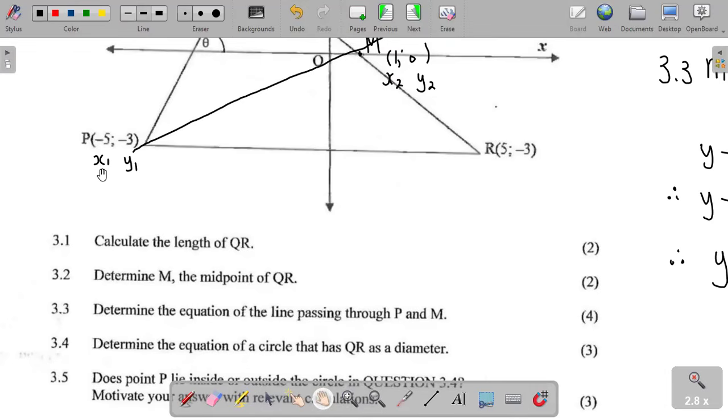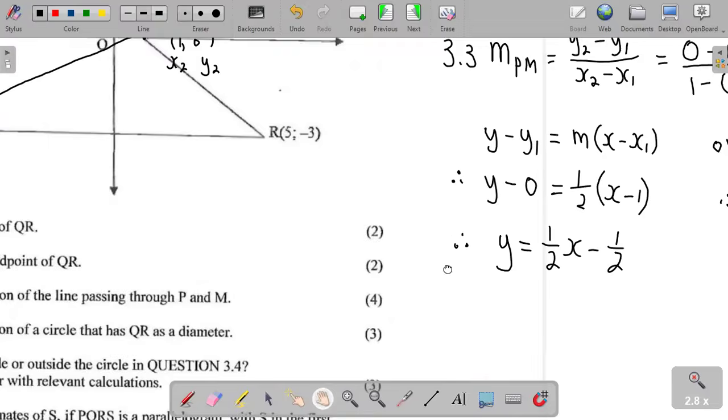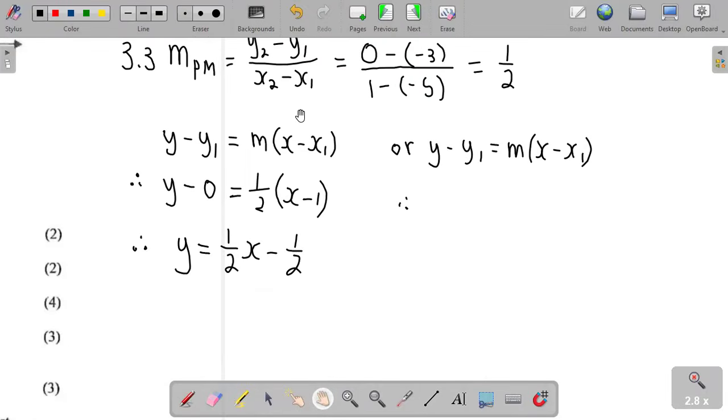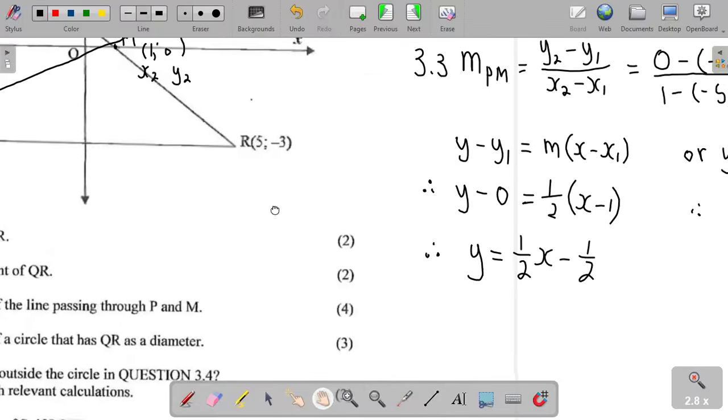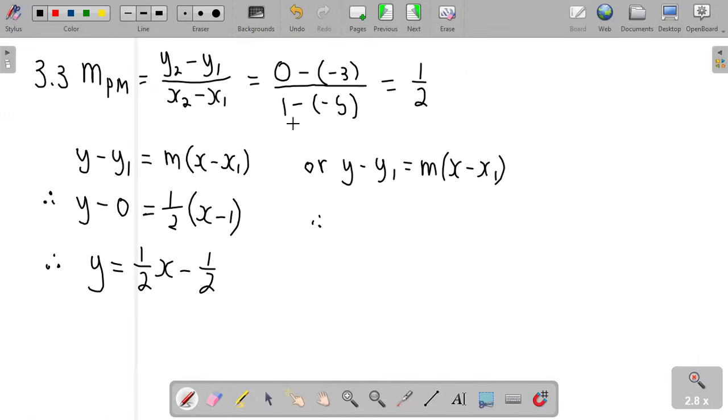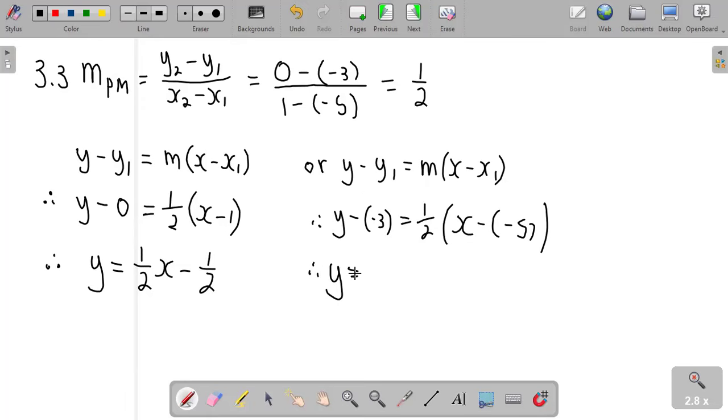So our x is -5 and our y is -3. So it's going to be y minus -3 equals to 1/2 into x minus -5, like this. So then our y would be equal to y plus 3.